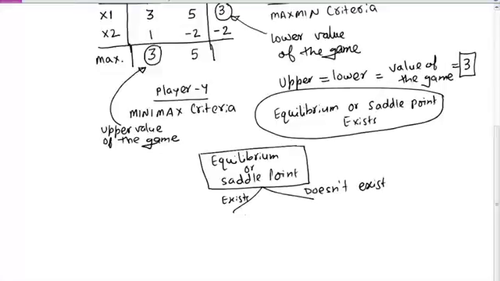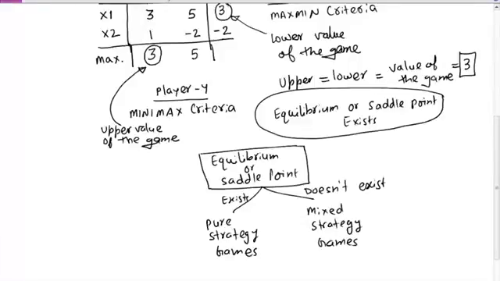So whenever an equilibrium or saddle point in a game exists, we say that we have pure strategy games, and when it does not exist, we say that we have mixed strategy games. So pure strategy obviously means that both players will always use one particular strategy to maximize or optimize their situation. And mixed means they may not use the same strategy all the time. They may change strategies.